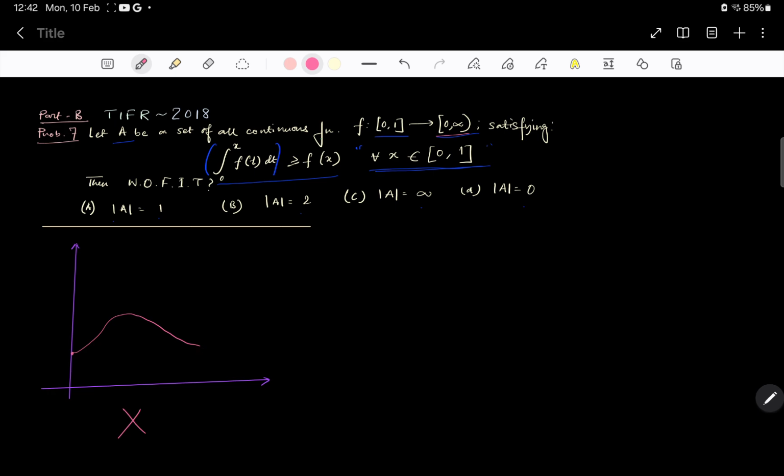It will always be above the x-axis. Now, this is our 1 and this is 0, and x can be somewhere between 0 and 1. It can be somewhere here.